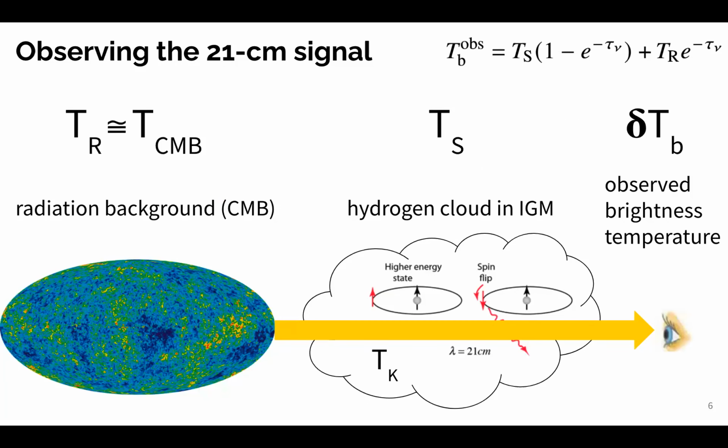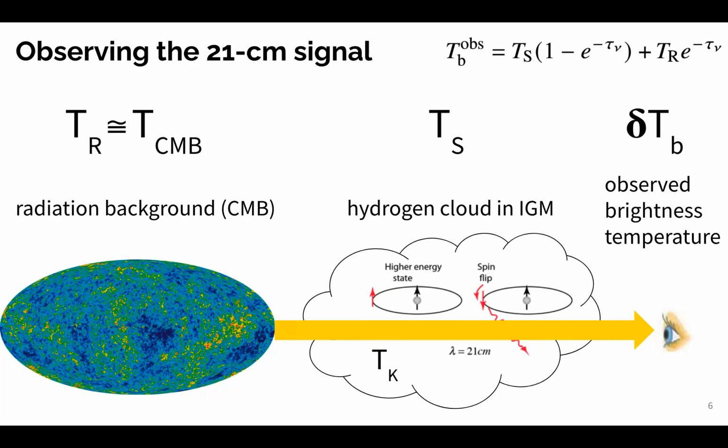So how do we actually observe the 21 centimeter signal? As I talked about earlier, the cosmic microwave background is the highest redshift that we could observe to. So that's considered our radiation background. And all between us and the cosmic microwave background are clouds of hydrogen in the intergalactic medium. All the neutral hydrogen atoms in those clouds are undergoing spin flip transitions, and so they're emitting these 21 centimeter photons.